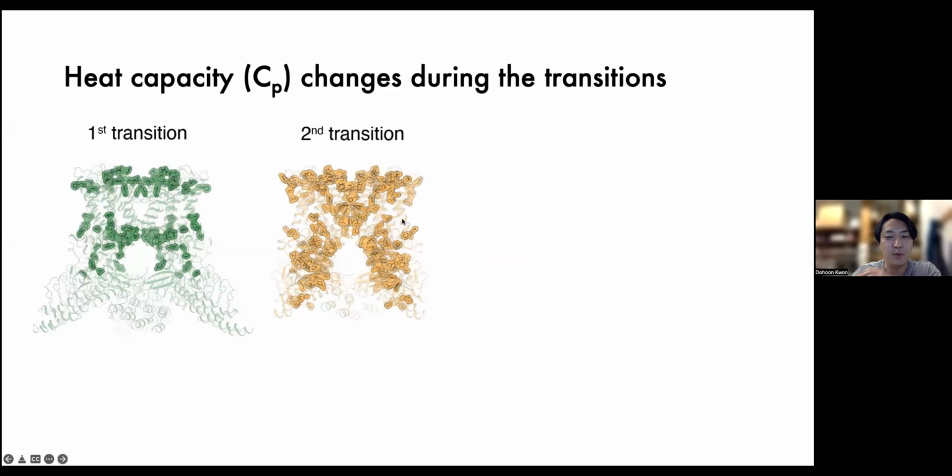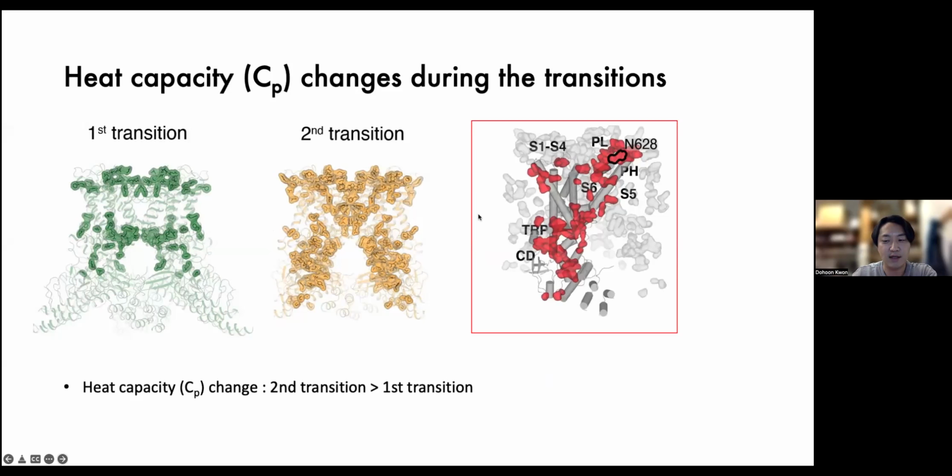Interestingly, although the conformational change is more significant in the first transition, the heat capacity change of the second transition is much bigger than the first transition. This analysis suggests the heat capacity change contributes mainly to the second transition. Next, we displayed the residues with a high delta Cp on the single subunit to determine if a heat sensing domain exists.